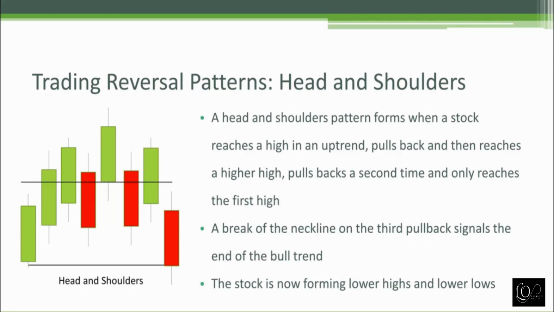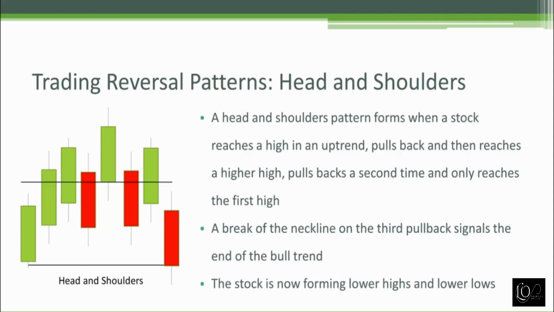So what we have going on from a psychological level is that the stock is performing as it should, making a higher high and a higher low, but then that pattern reverses itself, and we have the stock making a lower high and then a subsequent lower low. This tells us that the bull trend has come to an end, and the stock will either move into a consolidation pattern or may move into a bearish pattern.